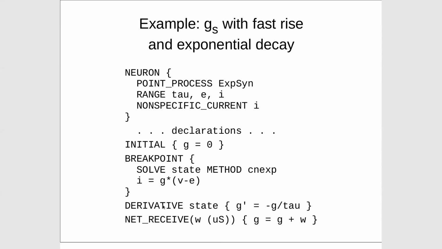All right? We have a derivative block which says what happens to the synaptic conductance. Well, if this synapse doesn't receive an input, the synaptic conductance decays mono-exponentially from whatever its initial value is. If it starts at 0, it stays at 0. But what happens if it receives an event with a particular weight? At that instant in time, the synaptic conductance is perturbed by adding the value of the weight to G. And after that, the conductance resumes its mono-exponential decay.